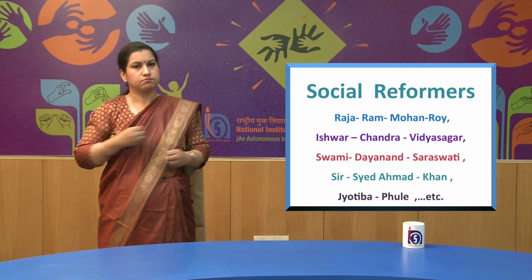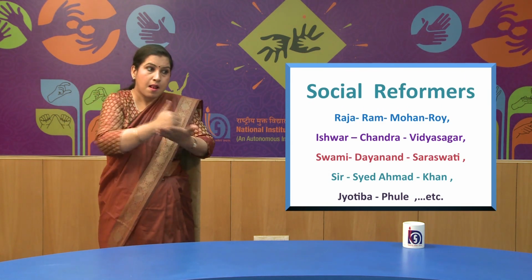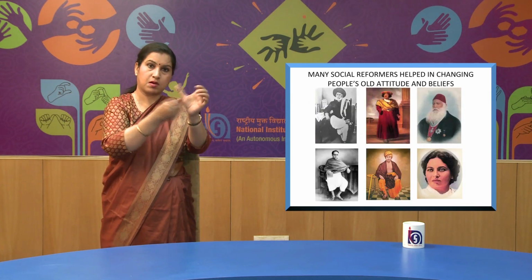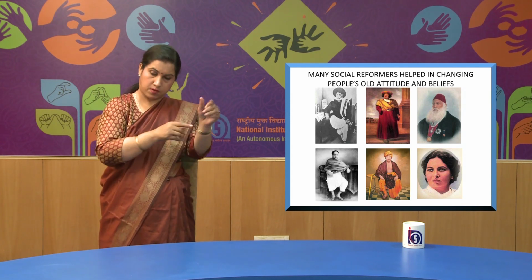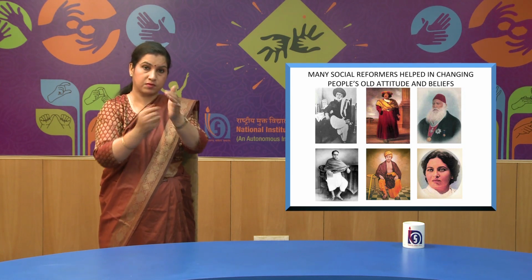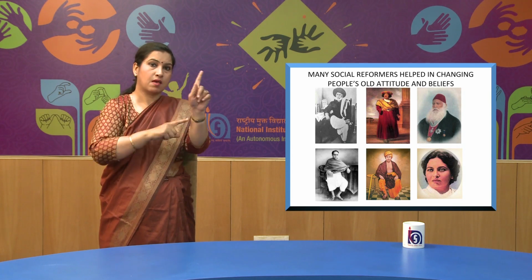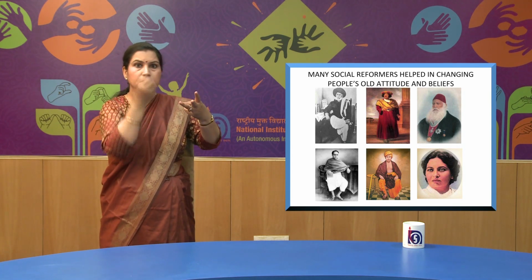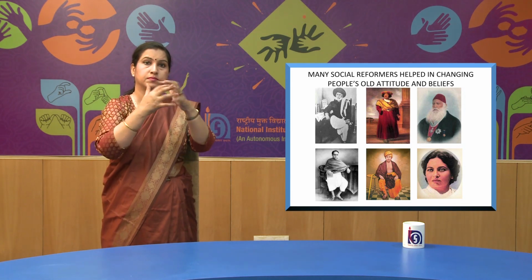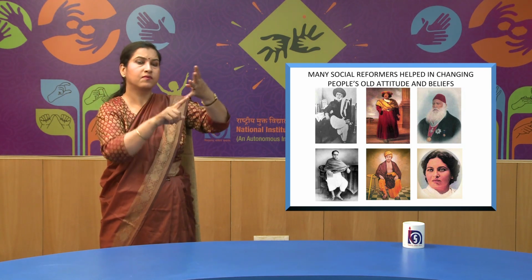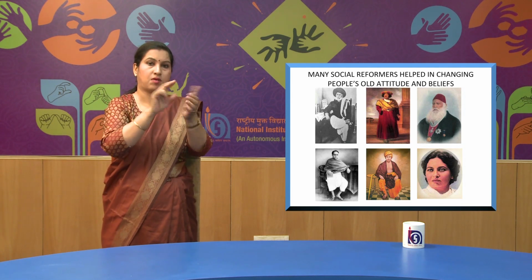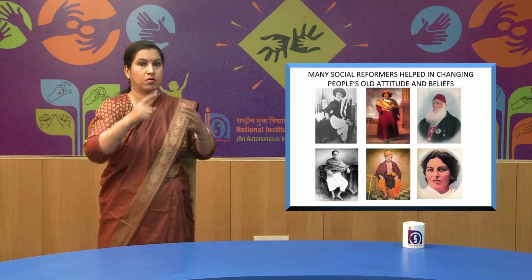A few of the social reformers whose names we all know are Raja Ram Mohan Roy, the second name we remember is Ishwar Chandra Vidya Sagar, another name we easily remember is Swami Dayanand Saraswati, another name is Sir Syed Ahmad Khan, and Jyotiba Phule.